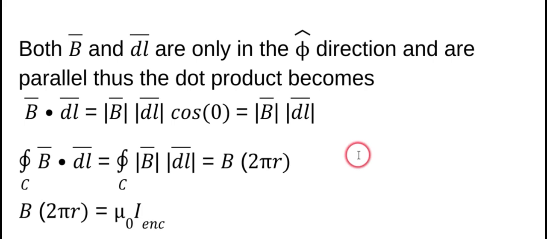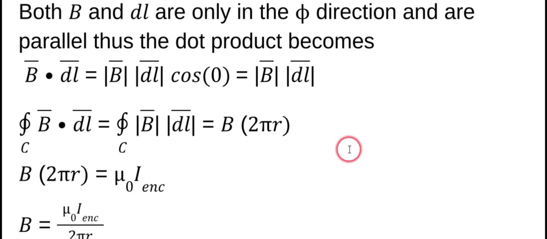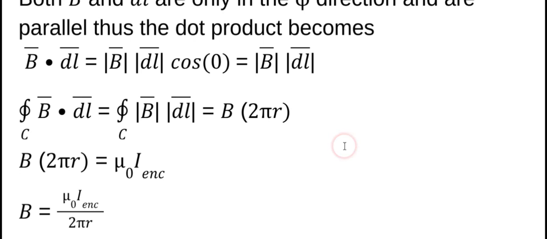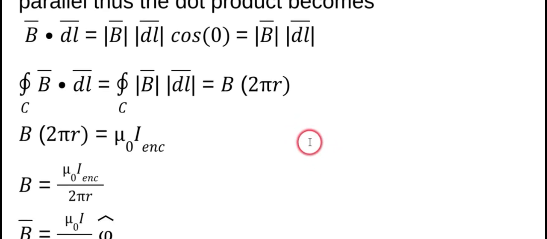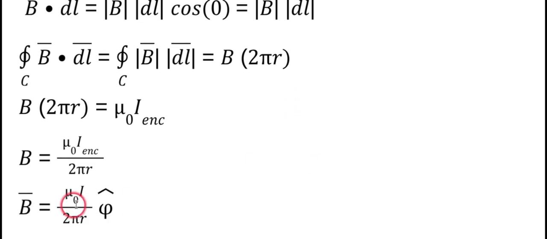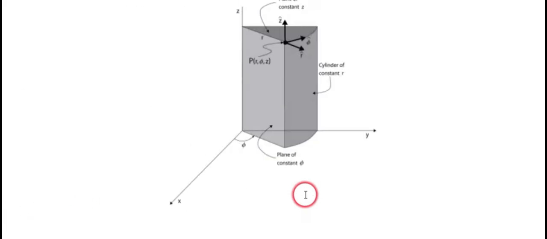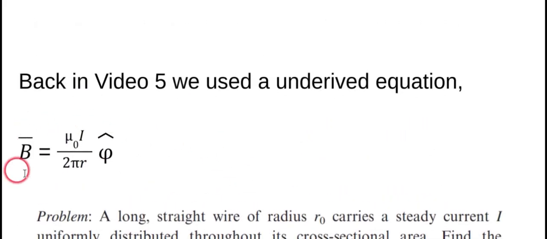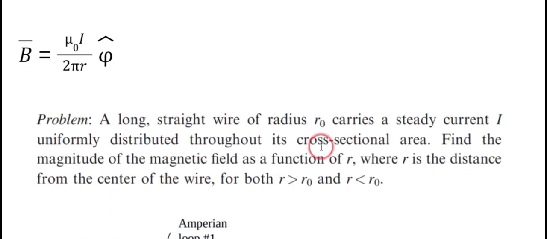So we get this equation and we want to then solve for B. And since we needed it in vector format, we just said it was going only in the phi hat direction, so we make it a vector equation. So this is where that came from, Ampere's law. And we used that already in one of our problems, and it bugged me where this came from.